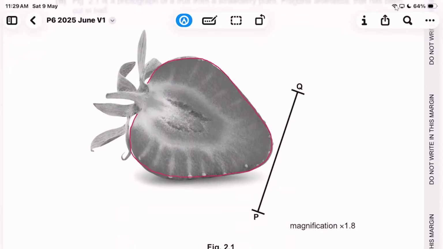Okay, and then we have the stalk. After that, we have to draw different leaves. One of them is like this folded one, and another one is also folded.